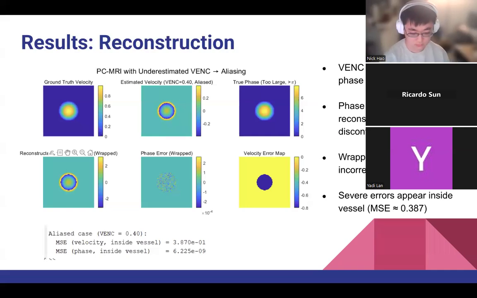We observe a ring-shaped aliasing pattern instead of smooth laminar flow. Phase wrapping also leads to larger localized errors, and the velocity MSE rises sharply to about 0.387. These results clearly demonstrate that choosing a VENC below the maximum flow velocity leads to severe aliasing and completely unreliable velocity reconstruction. Next slide, please.